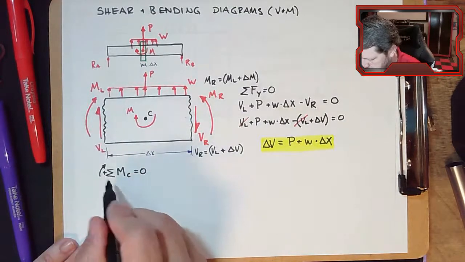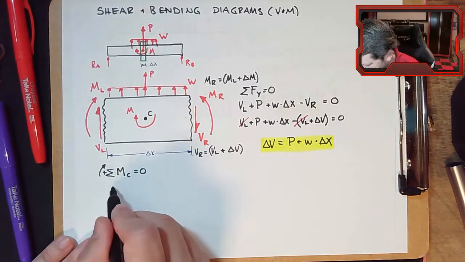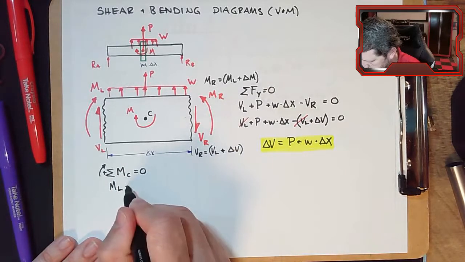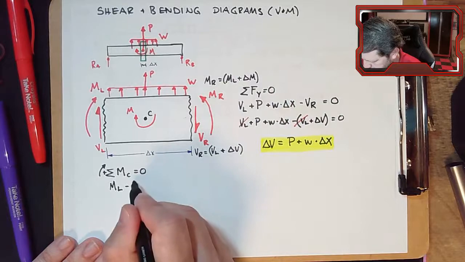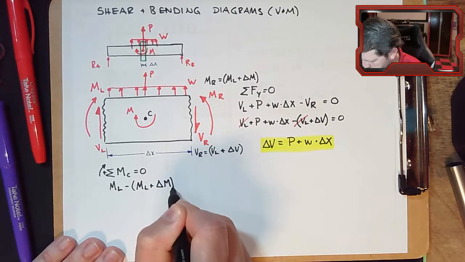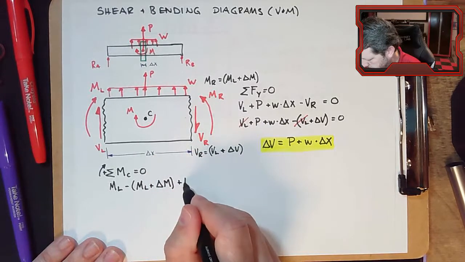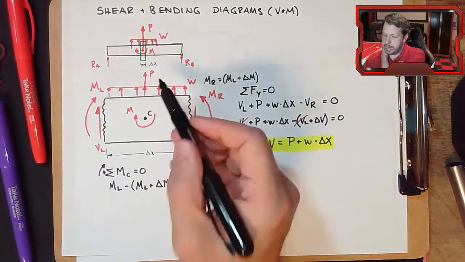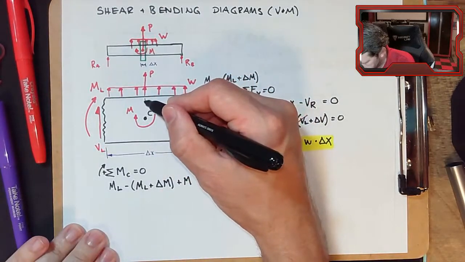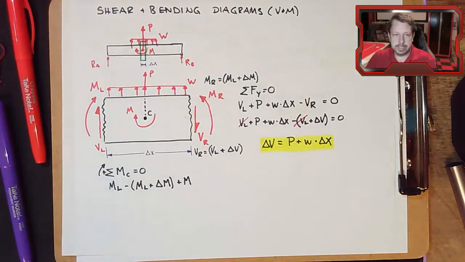This one is plus because I say clockwise is positive. ML minus MR, but MR is actually this term, plus M. P does not create a moment about point C. It has a line of action that goes through point C.